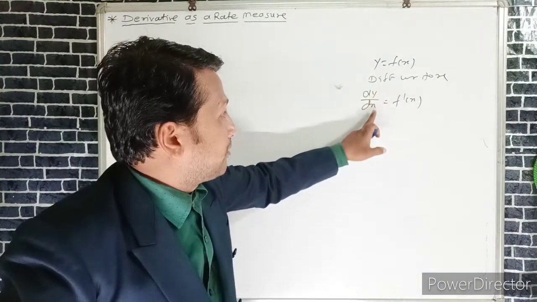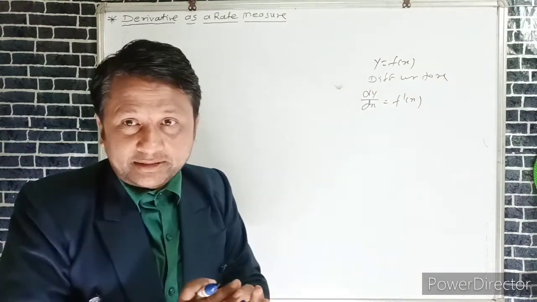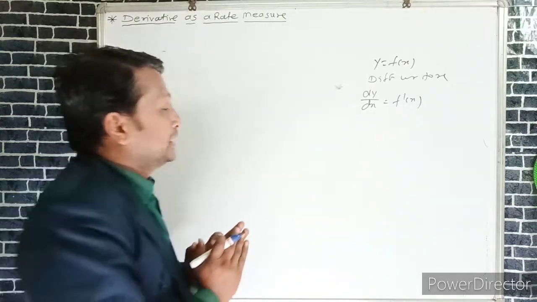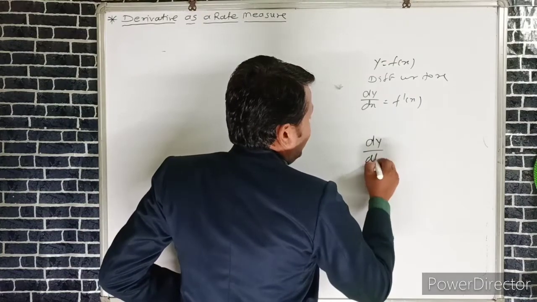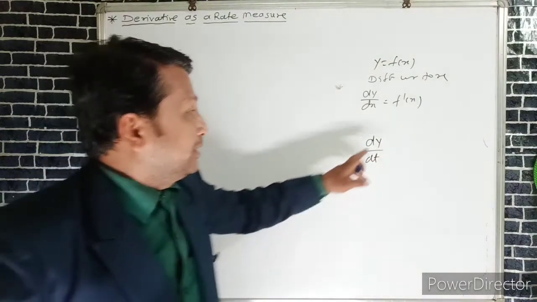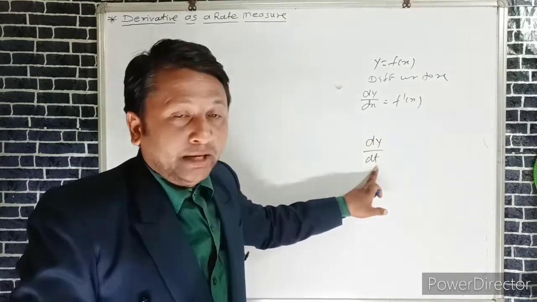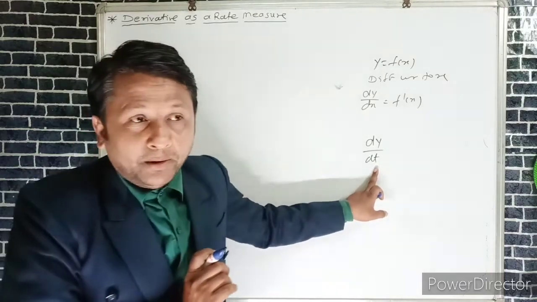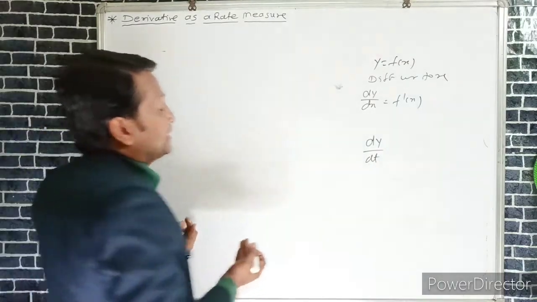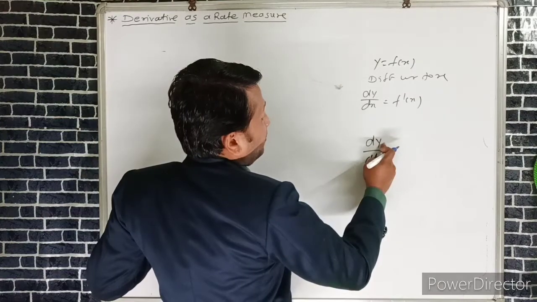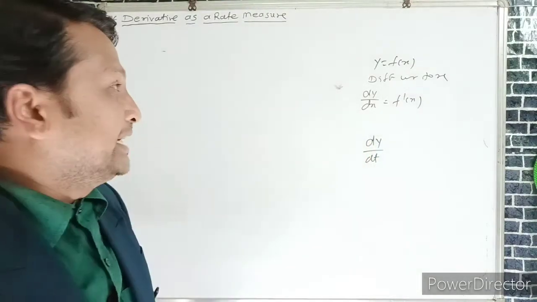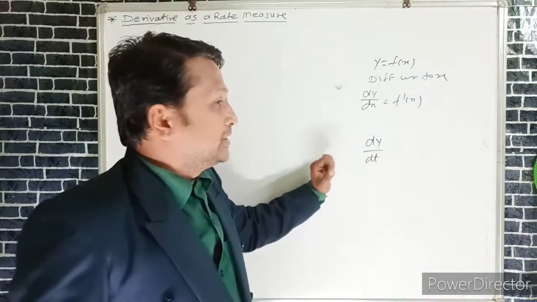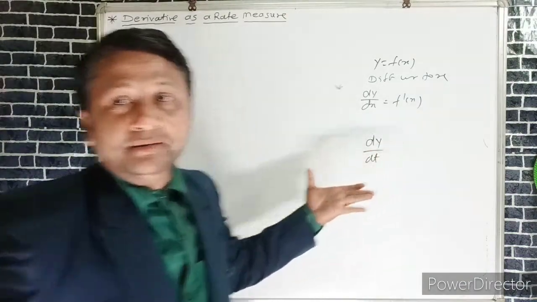If we write dy upon dt, then we say the rate of change of y with respect to time t, where t is time. So the change in differentiable form means d upon dt.